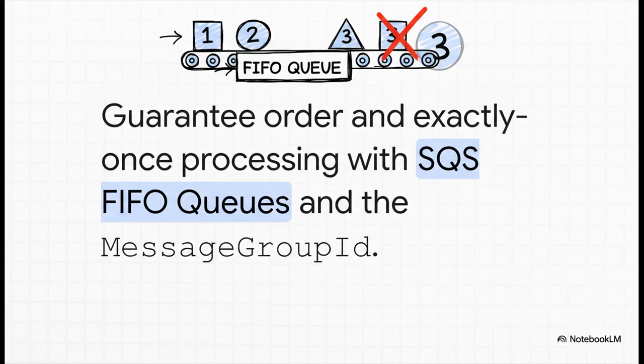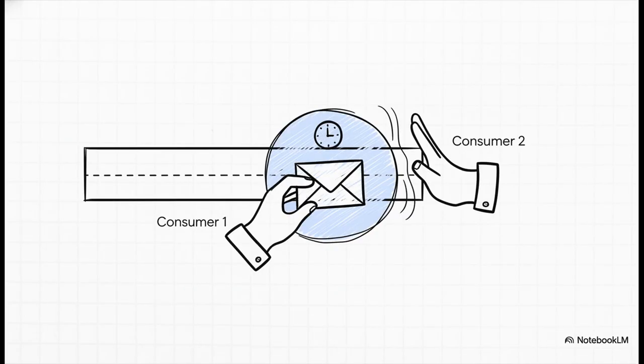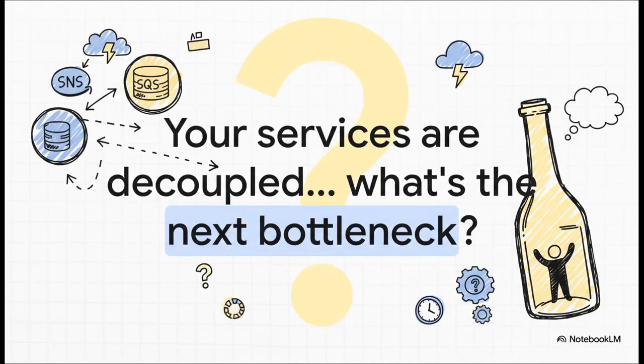And don't forget, you must use the message group ID. And finally, to prevent two consumers from processing the same message at the exact same time, the mechanism you rely on is the SQS visibility timeout. And there you have it, a solid foundation for building and, more importantly for the exam, analyzing these event-driven systems.